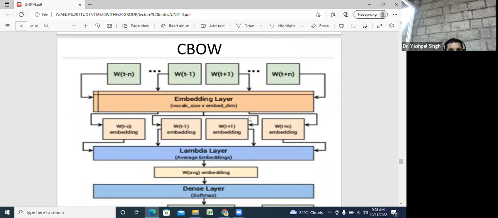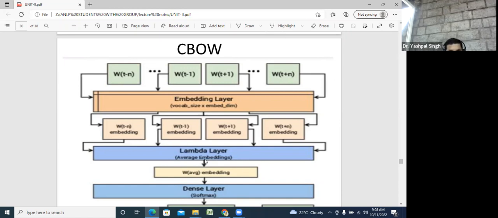The embedding layer function is basically used for the vocab size that we are using, and it is bifurcated according to the different inputs. And what does the lambda layer do? The lambda layer provides the average embedding of the inputs received from t minus 1 to t minus n and t plus 1 to t plus n.